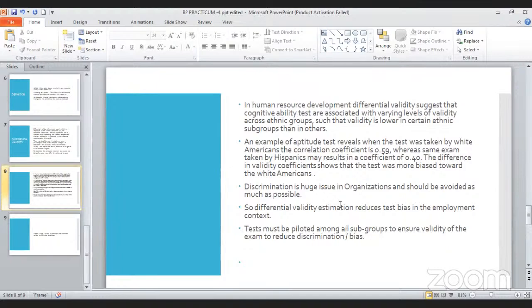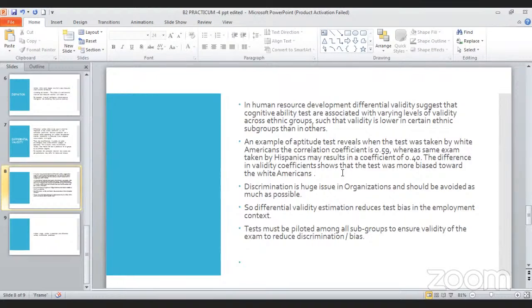You can see an example: in an aptitude test, when the test was taken by white Americans, the correlation coefficient is 0.59, whereas the same exam taken by Hispanics may result in a coefficient of 0.40. It is not expected that the same test reveals different validity coefficients across the groups.